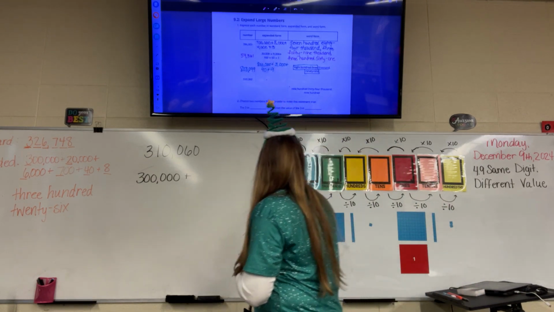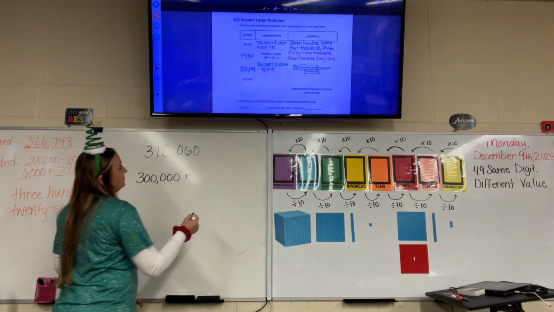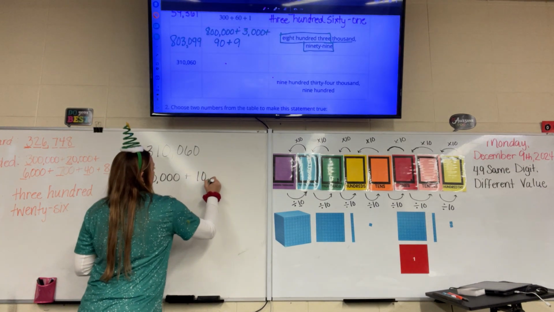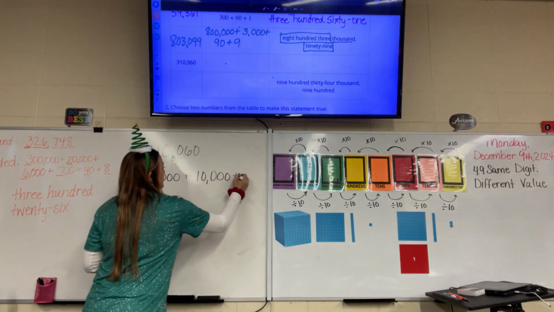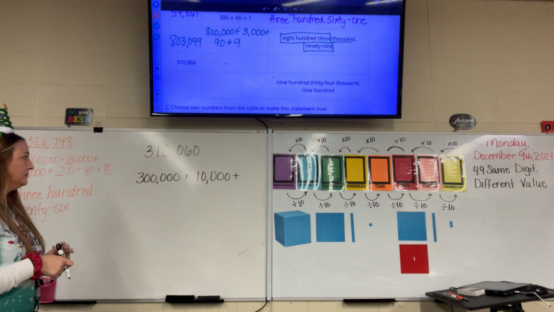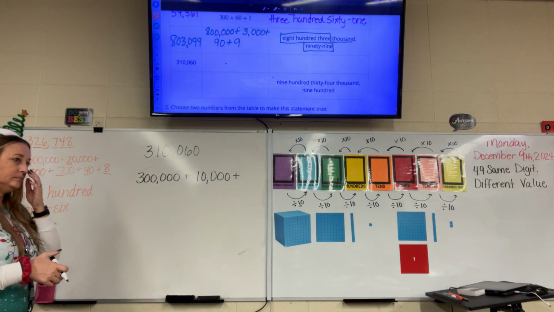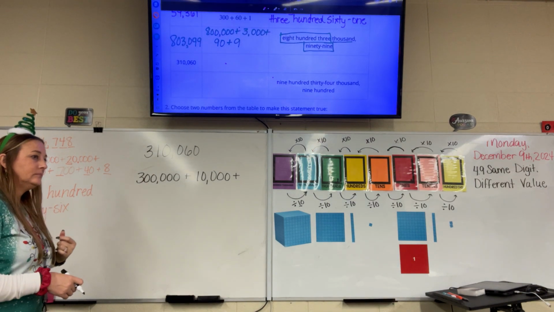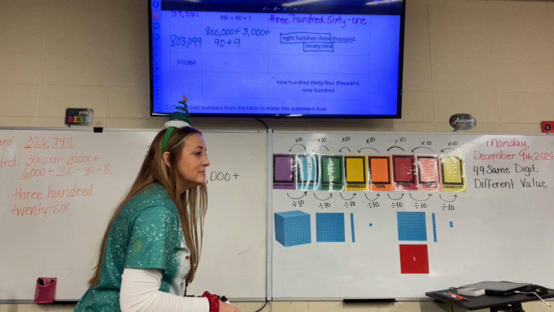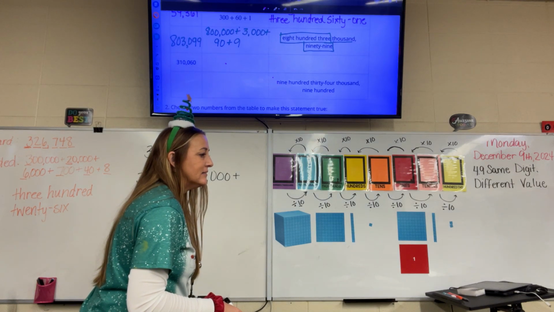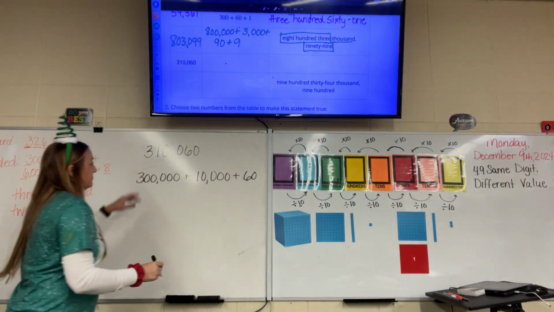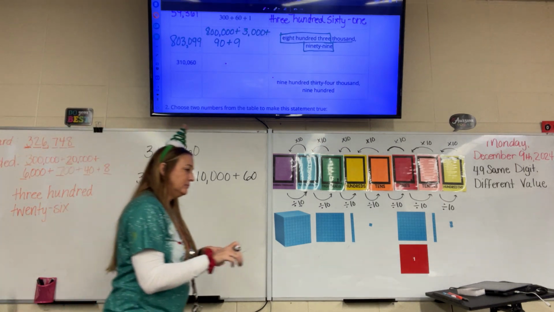300,000 plus, what comes next, Jackson? 10,000. 10,000 plus, what comes next, Todd? 60. I can't hear what you're saying. I said 60. 60, yes. And that's it, right? Okay.